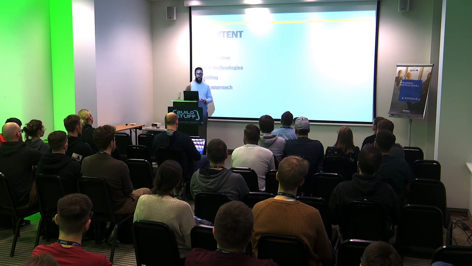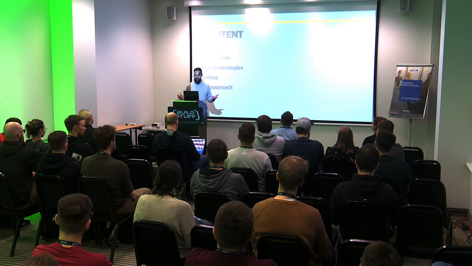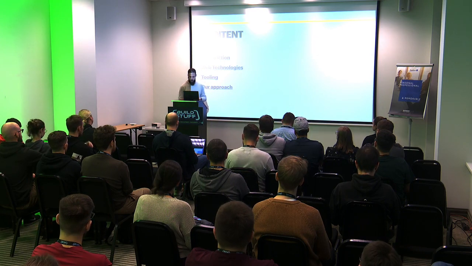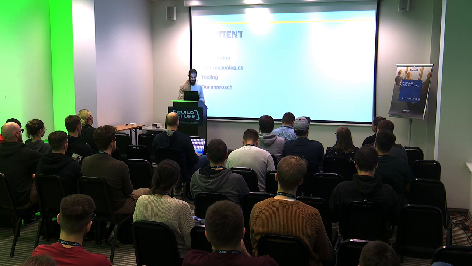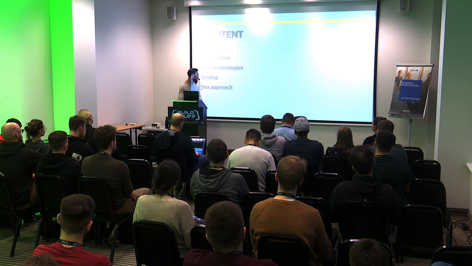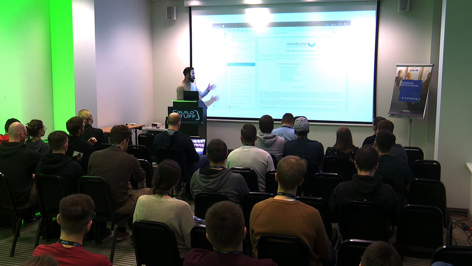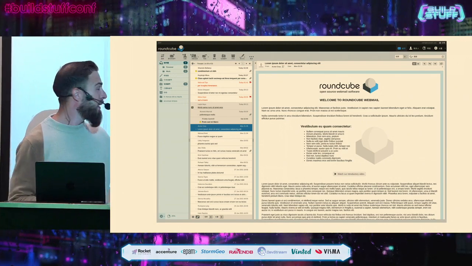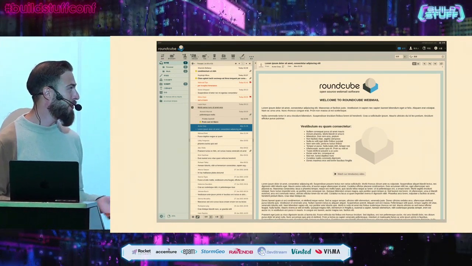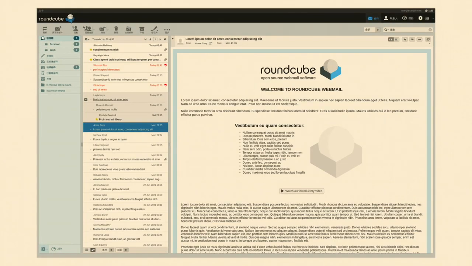We did very classical shared web hosting, and I guess one of our biggest products was email, because everyone used email. When people signed up to use our webmail application, this is what they were greeted with. This is Roundcube, and Roundcube is amazing. It has been around since forever.